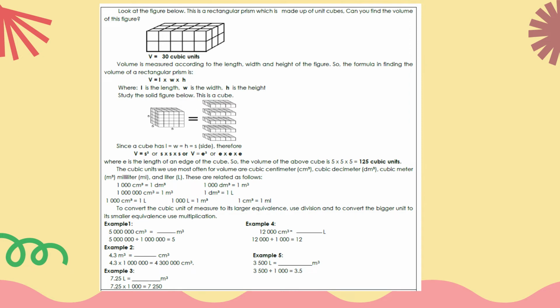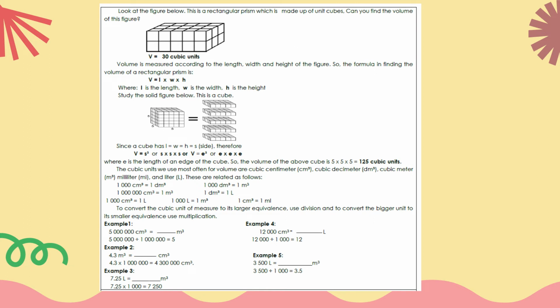Example 2: 4.3 cubic meters is how many cubic centimeters? 4.3 times 1 million is equivalent to 4,300,000 cubic centimeters.